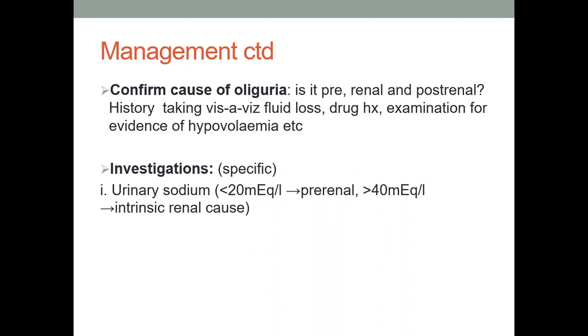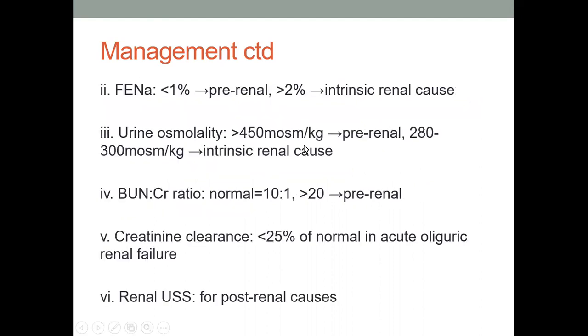So urinary sodium can be very, very important. All right. So fractional excretion of sodium is less than 1% in pre-renal and more than 2% in intrinsic renal.